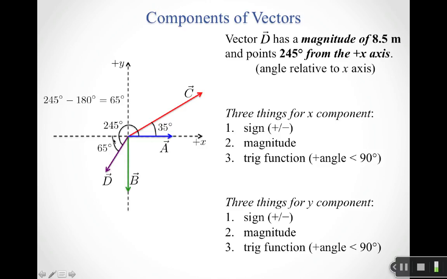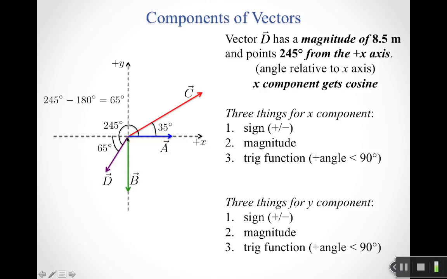Again, it's defined relative to the x-axis. So when I think about that 65-degree angle relative to the x-axis, that tells me the x component is going to get the cosine again. Whichever axis I draw that angle into, that component has to get the cosine function. For vector d, the first thing I notice is that its x component points to the left.